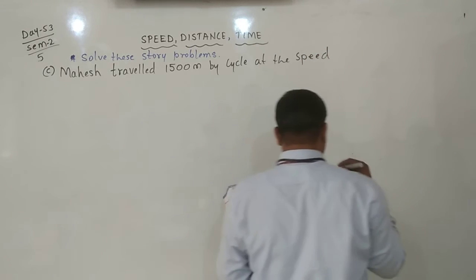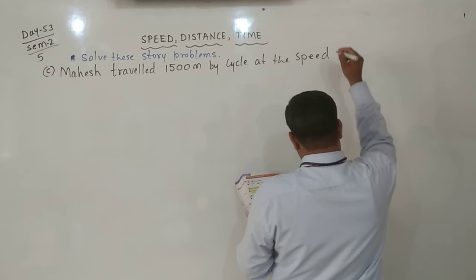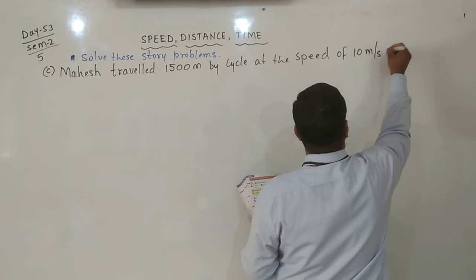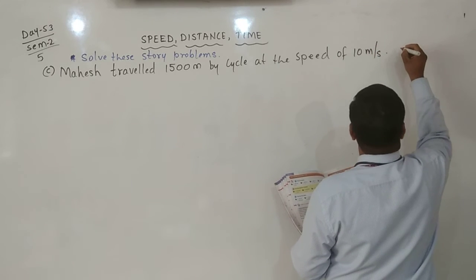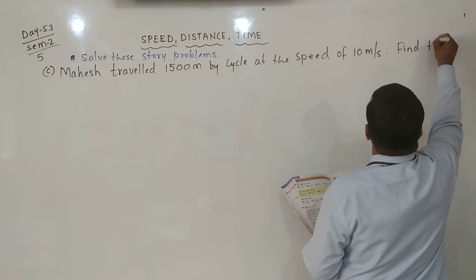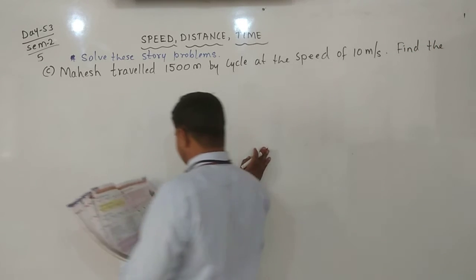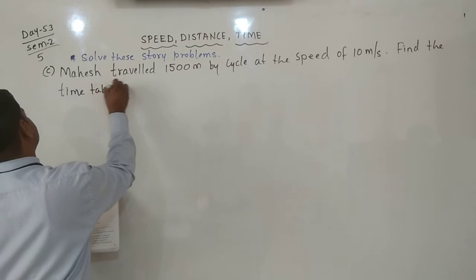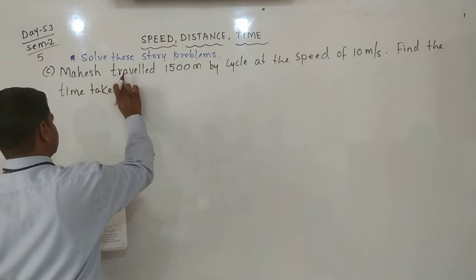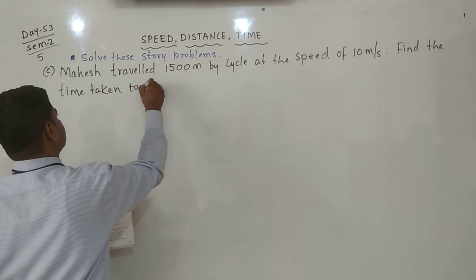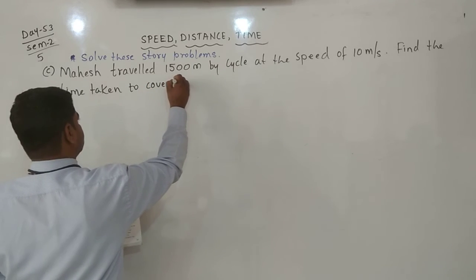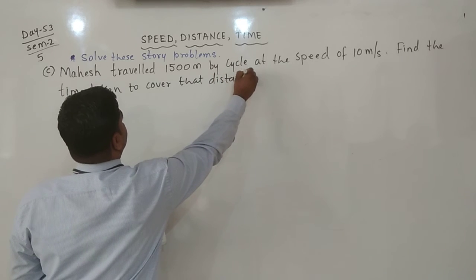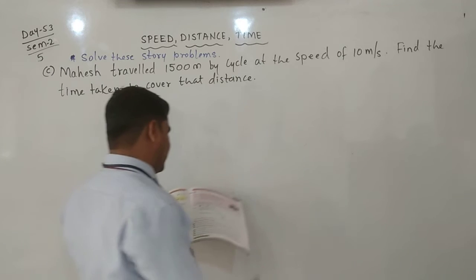He traveled 1500 meter at the speed of 10 meter per second. Find the time taken to cover that distance. To cover this 1500 distance, how much time did he take?